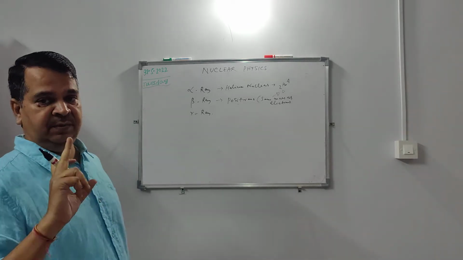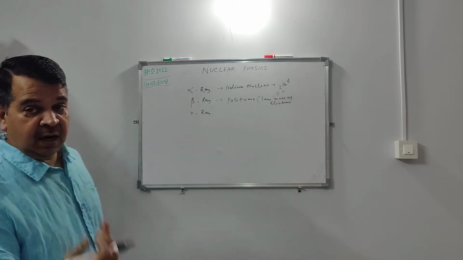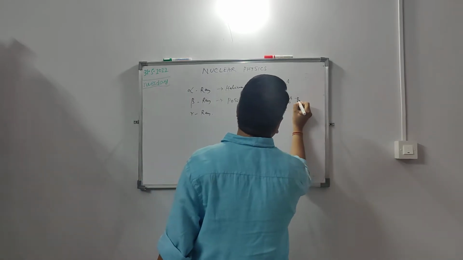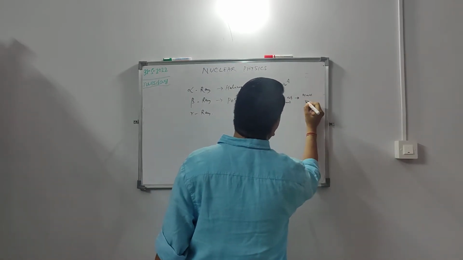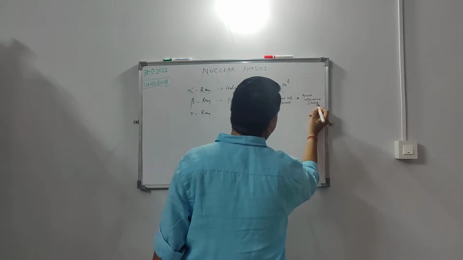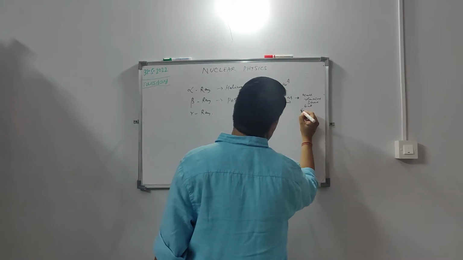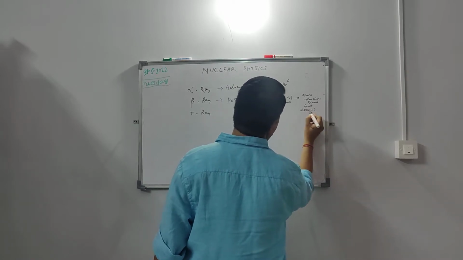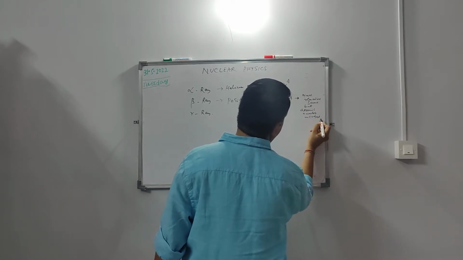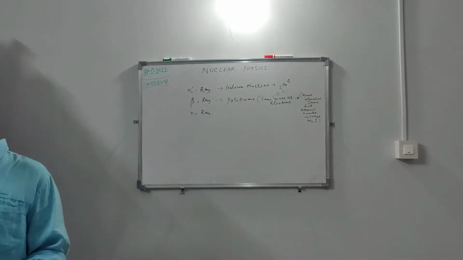If a beta ray gets emitted, the mass will remain the same, but the atomic number will increase by one. Clear? That is beta ray.